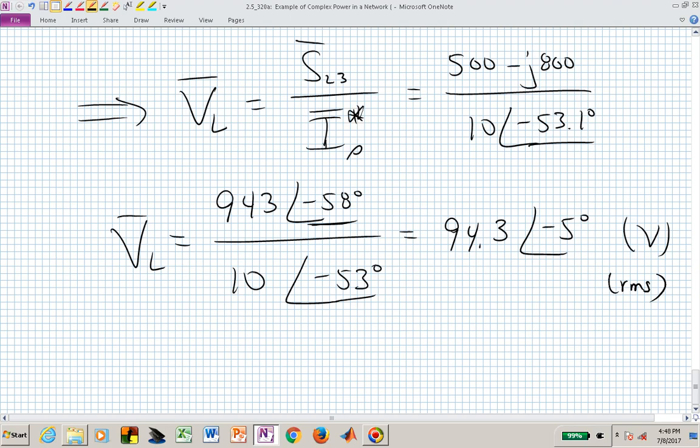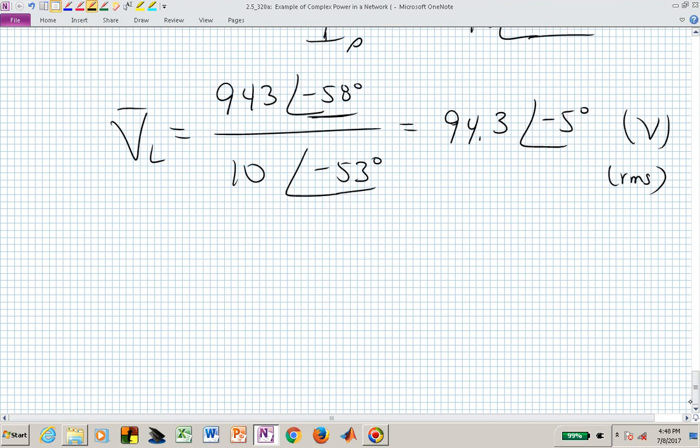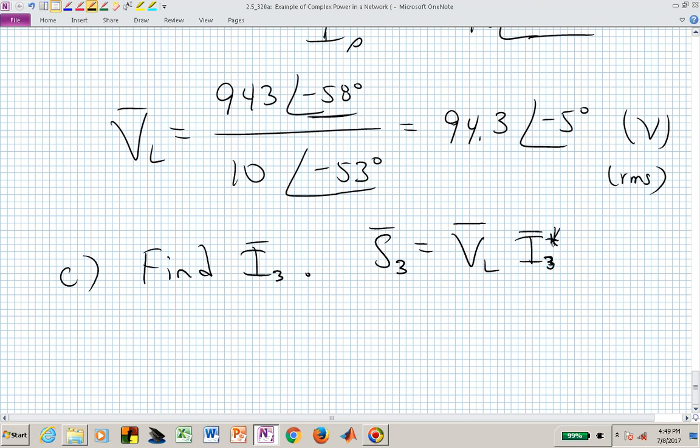Now do you see what we can do? Now that we have this voltage, we know S sub 3, we can use again the complex power formula to find I sub 3. And that's step 3 then of this process. We can now find I sub 3 from S sub 3 is equal to the load voltage, V sub L, the voltage dropped across loads 2 and 3, times the complex conjugate of I sub 3.